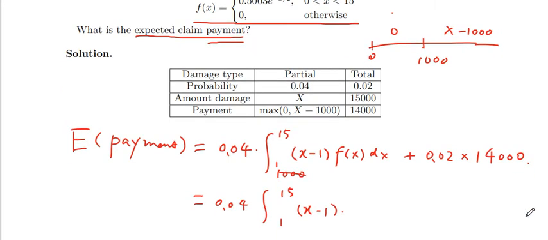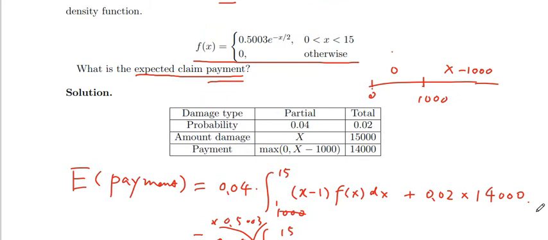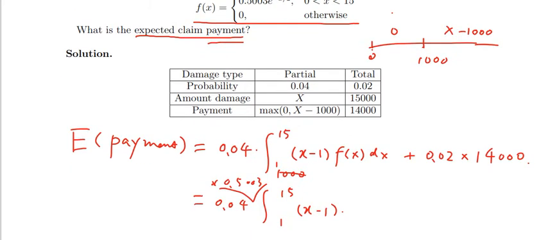We put it here, so multiply. Take this coefficient outside. This equals e to the negative x over 2, dx. So this is easy, right?